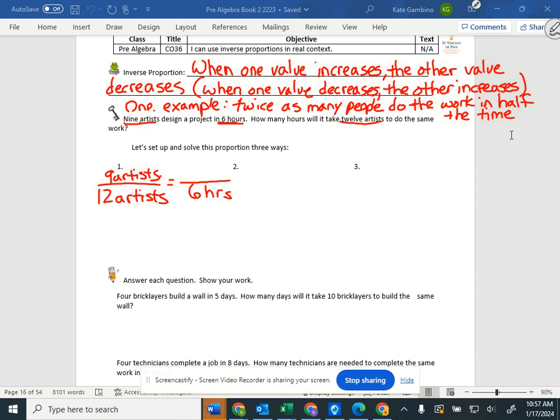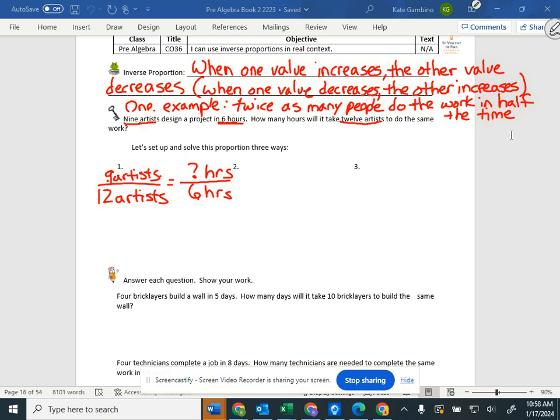So the 12 artists are what we want to know. That's question mark hours or n hours. We don't know how many hours the 12 artists will take. So for inverse proportions, the units need to match vertically, artists over artists, and the values that go together, the 9 and the 6, are set up diagonally.